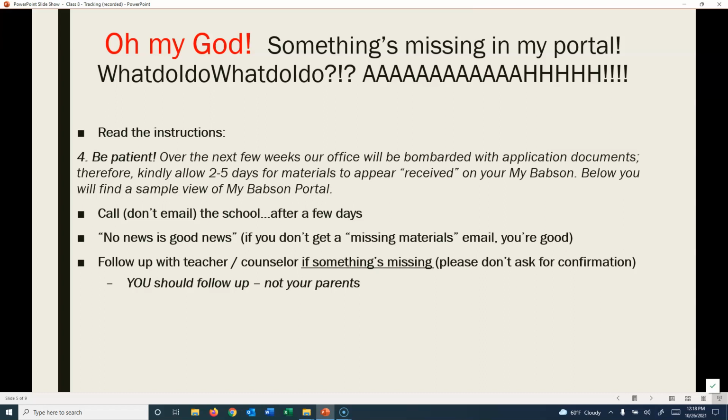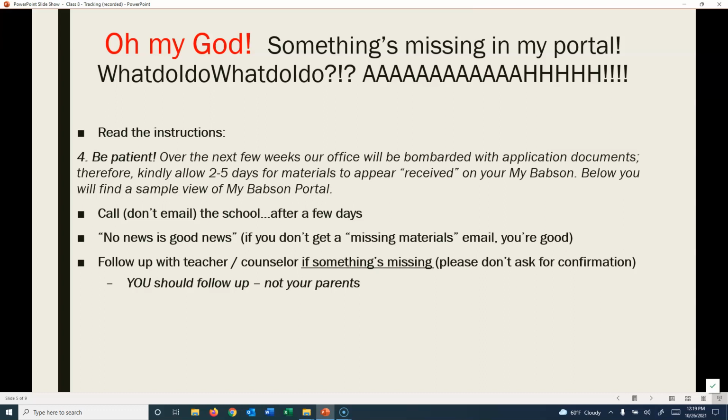Now, if something is missing, follow up with your teacher or counselor. Please don't ask for confirmation during the week. We're really not going to have time to do that for every single student. So do yourself a favor, just let us know if something's missing after about 2 to 5 days on your portal.